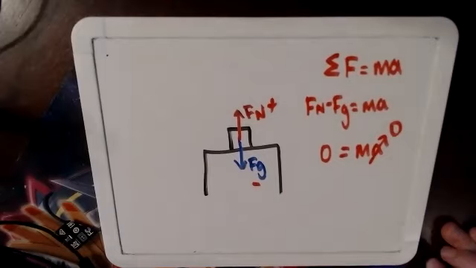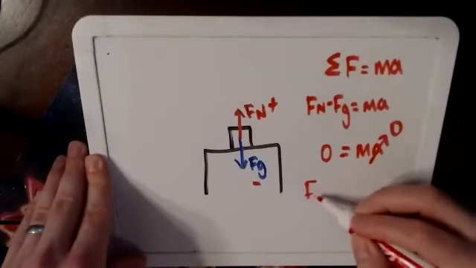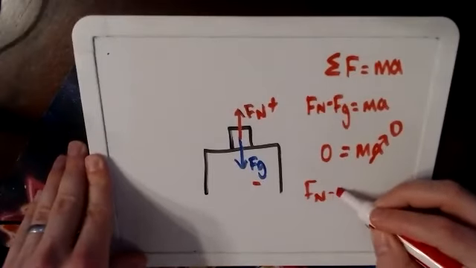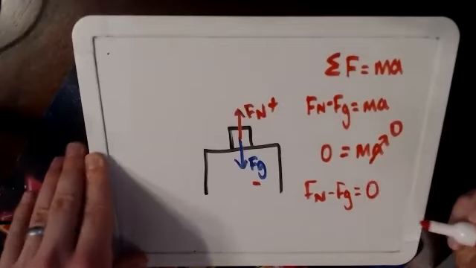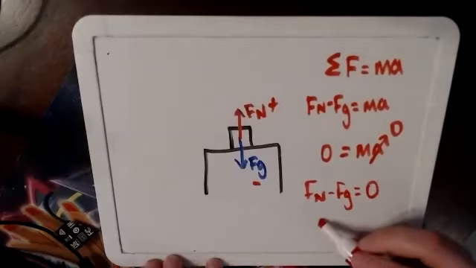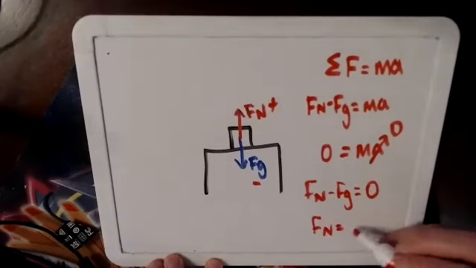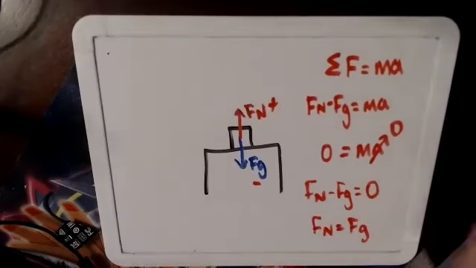And you could prove it that way if you'd like. The typical approach that we take in my class is we just go Fn minus Fg equals 0. We know it to be an equilibrium, and then we would prove that Fn is equal to Fg. This is the typical approach for pretty much all of it.